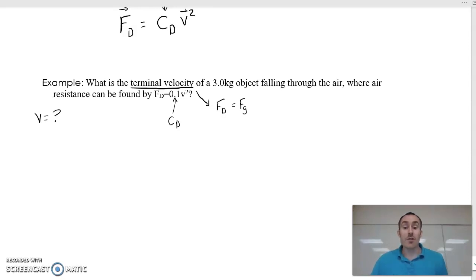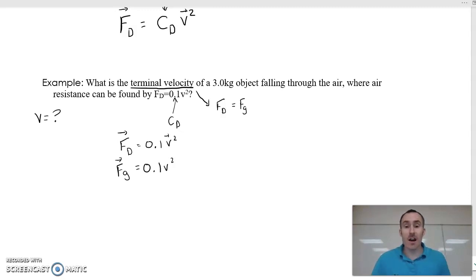So when we use the force of drag equals 0.1 v squared, what we can do here is substitute in, instead of the force of drag, the force of gravity. Force of gravity is now 0.1 v squared. And again, we can do that because the force of drag equals the force of gravity at terminal velocity.